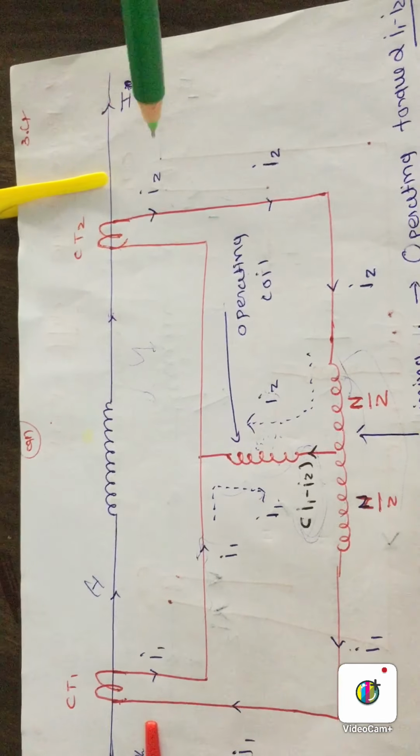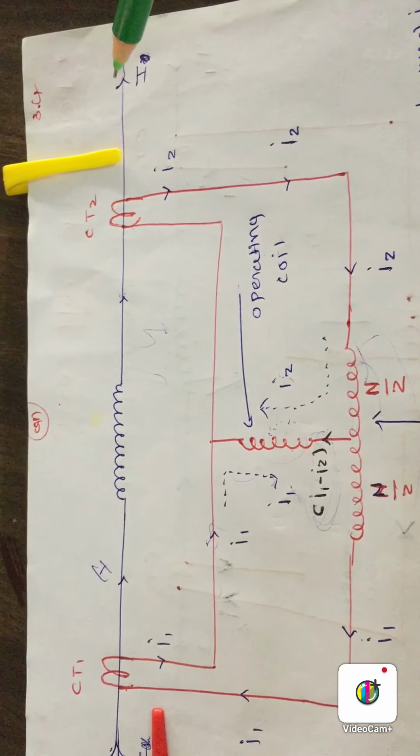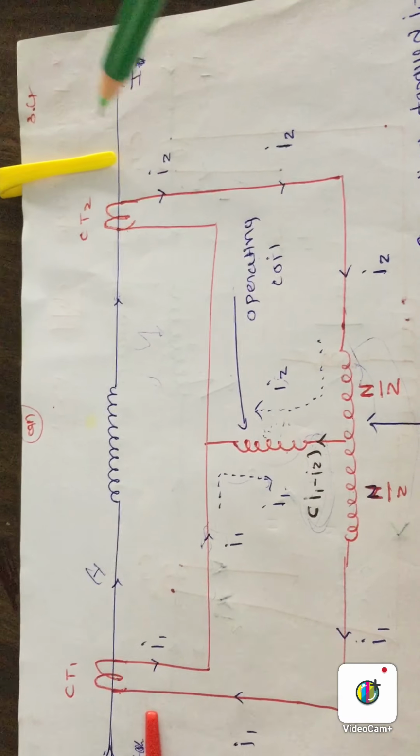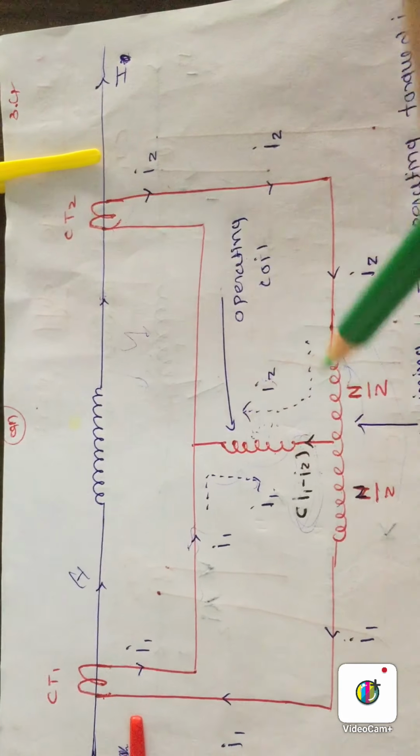But now we will take the situation of an external heavy short circuit condition. Why? Because an external heavy short circuit condition creates the problem in simple differential protection, and it will be overcome using this restraining coil.